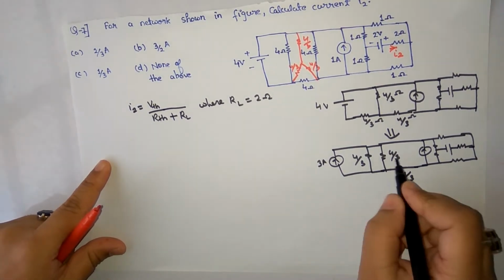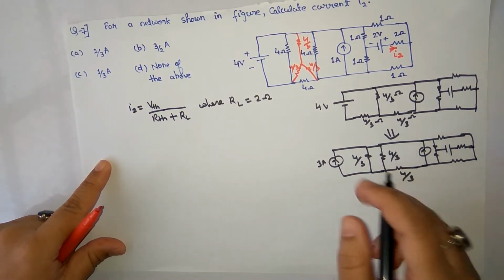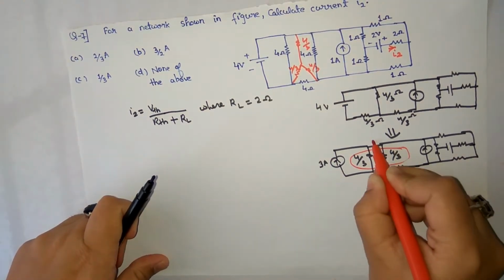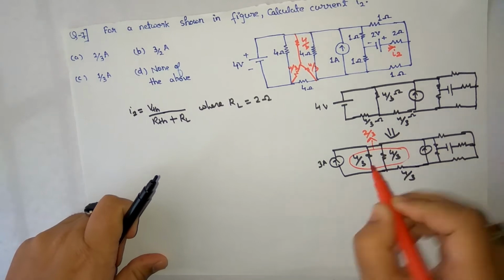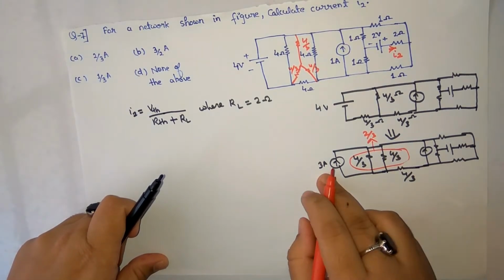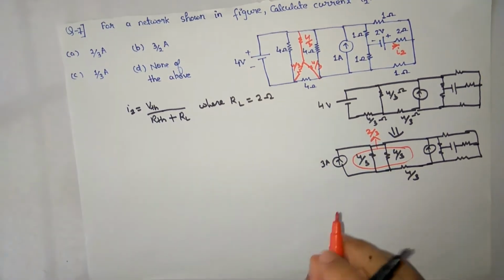So 4 by 3 and 4 by 3 in parallel will correspond to 4 by 6, that means 2 by 3. So the equivalent resistance of this terminal will be 2 by 3. And again, if you're converting this current source into a voltage source, it will be 3 multiplied by 2 by 3.